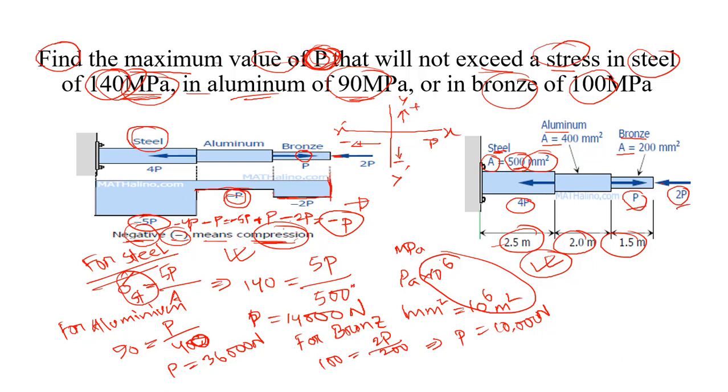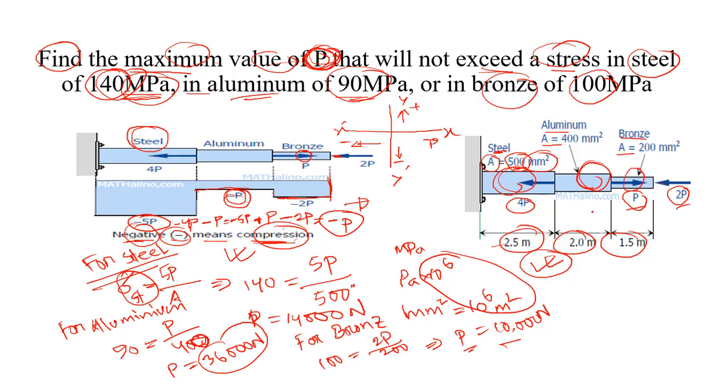But we have to find the maximum value, which means the lowest load value will be the one considered for this maximum. Just remember that if this bar is given 36,000 Newton, the steel will sustain it, but the aluminum side will not sustain, it will crack or fail.